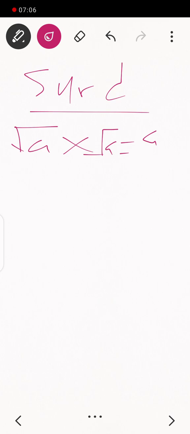So you cannot add roots of different surds. For example, root m plus root n. It's not possible for you to add it. They are not like surds, so you can't add it. It's not equal to root mn.